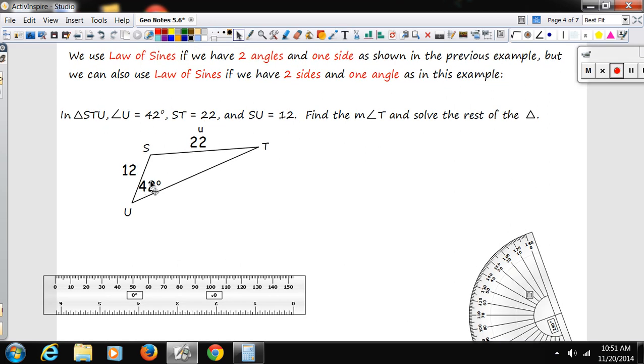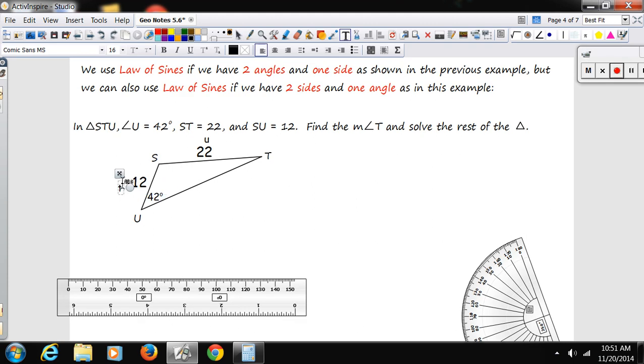And we have little t, which is going to be the 12. That's going to be across from the big T. So little t is over here. And then little s is down here.